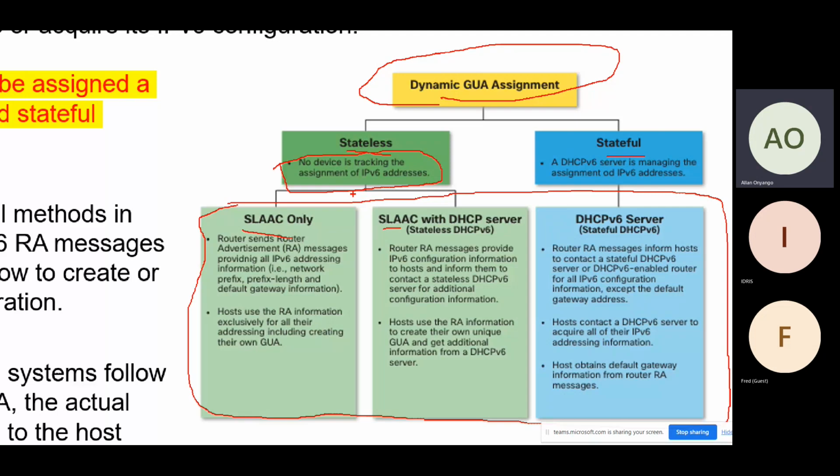Acquire all your IPv6 addressing information from there. The only thing that always comes from the RA message is the default gateway, because in most cases the default gateway can be the link local address, the FE80 or something.